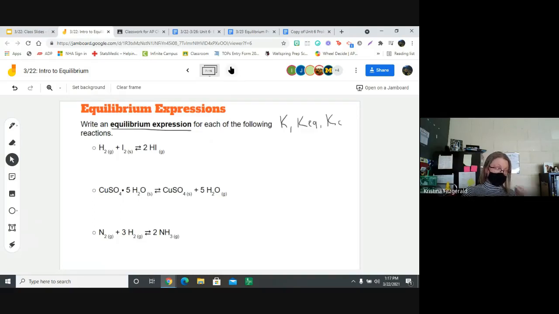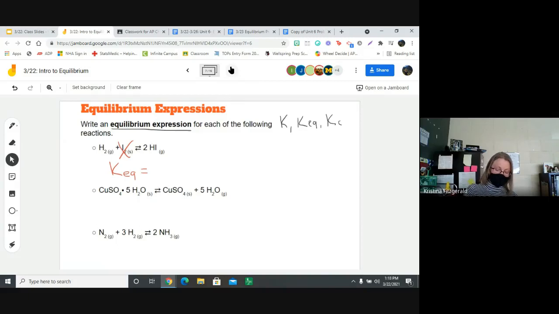Okay, remember, I'm only including gases or anything aqueous. If I look at my reaction, the first thing I do is cross out anything that's not what I want. Right now I have I2 in this reaction, which is a solid. The concentration of a solid doesn't change. It's a solid thing, so it's not going anywhere. All right, I have Keq for the equilibrium expression.